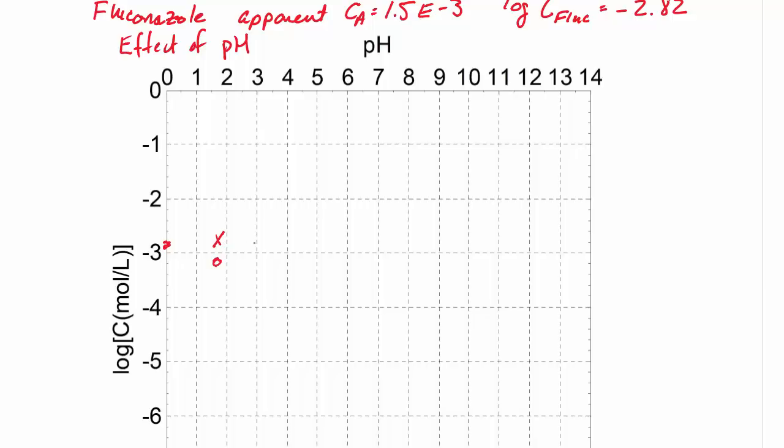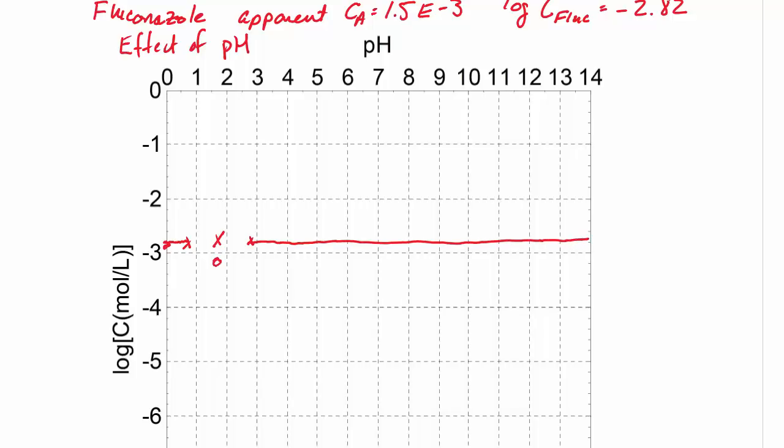I'm going to go about a pH unit away on each side, and draw a horizontal line on either side, about 1 pH unit away.